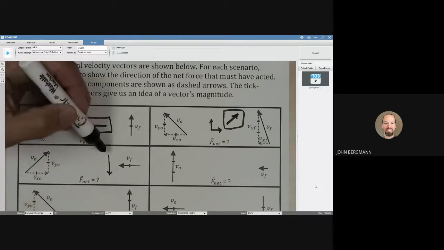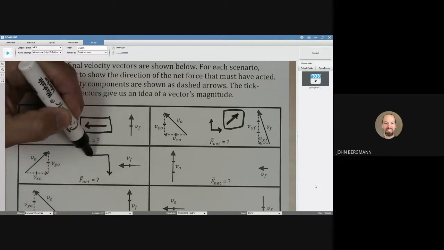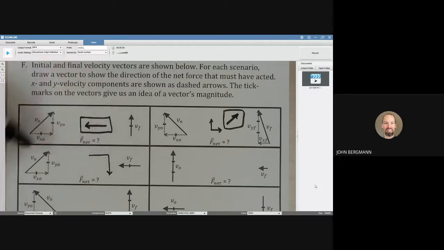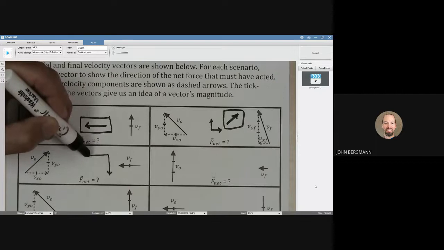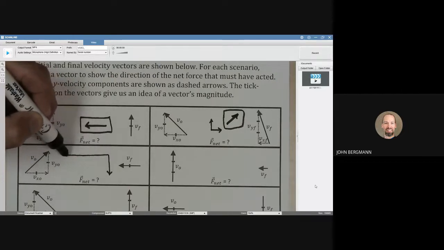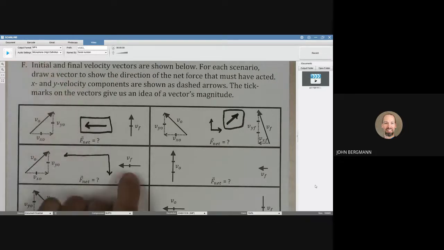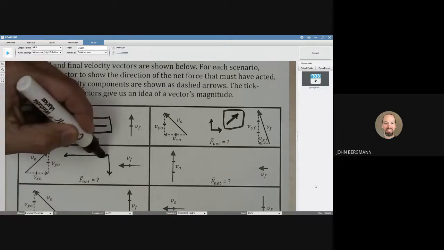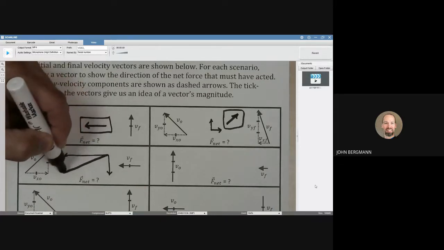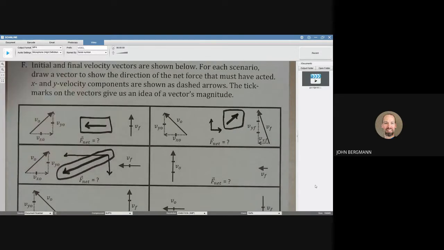So we need to exert a force that much, you might say, to cancel out that Vx completely, and then again that much to give us that final velocity. So the net force is going to be looking like that.